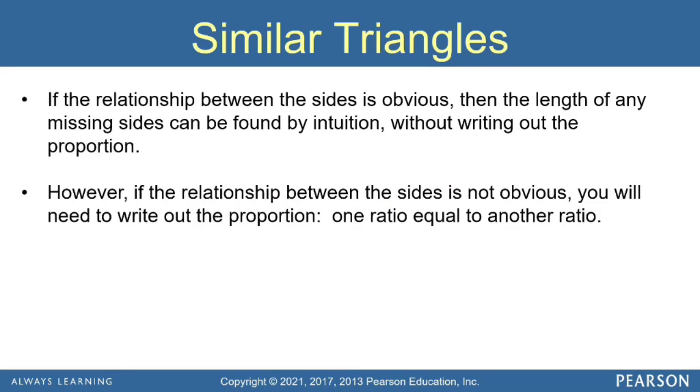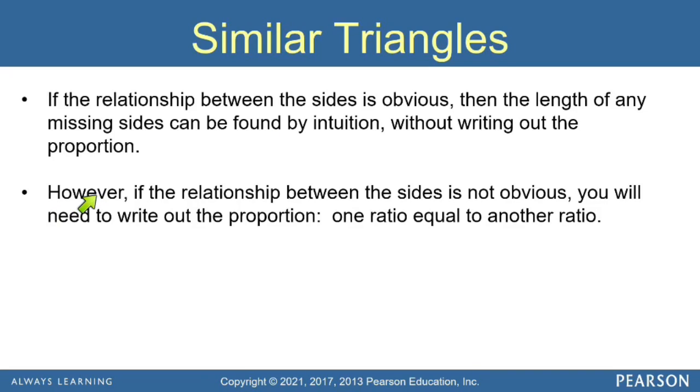Now there's more than one way to find the missing sides of similar triangles. If the relationship between the sides is obvious, like it was on the last slide where you can just see, oh, obviously I just have to divide by 3, then the length of any missing sides can be found by intuition, and you don't have to write out the proportion.